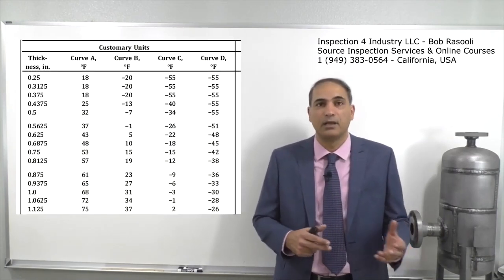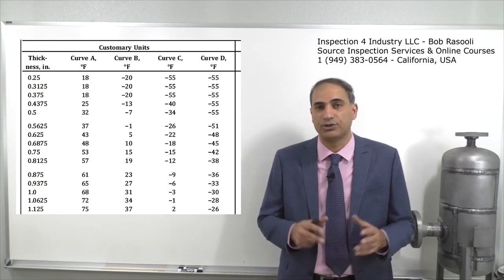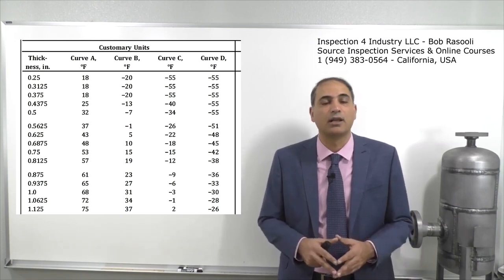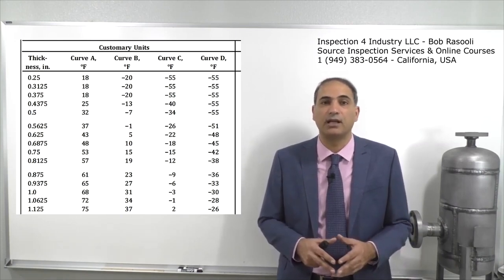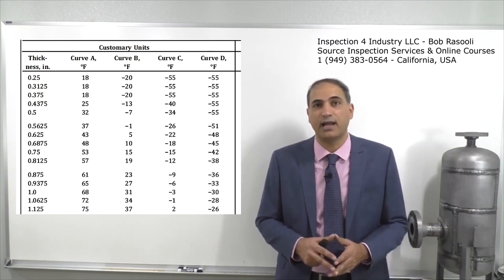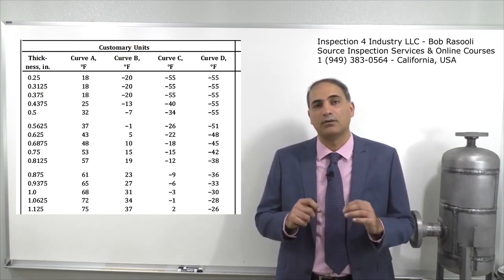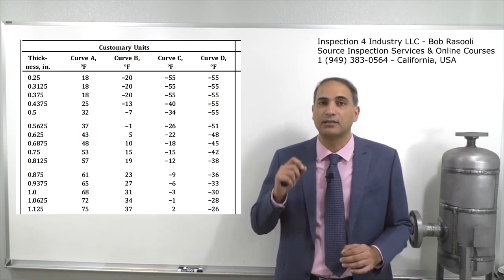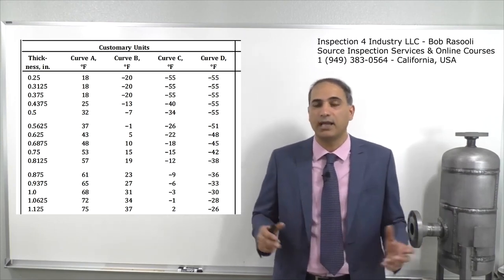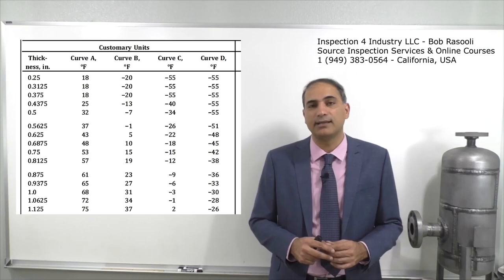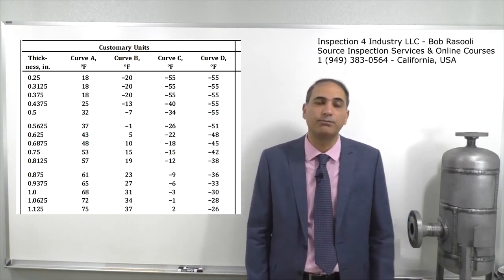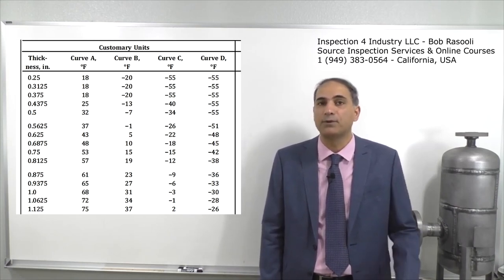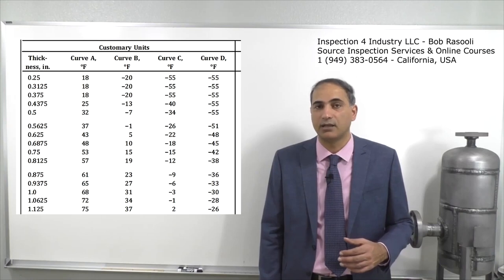There are 4 columns in the table: curve A, curve B, curve C, and curve D, and on the left-hand side there is a thickness value. So for any material assigned to curve D, you can find the minimum design metal temperature that you can use that material at without any impact testing. Like the one on the screen, for a thickness of 1.125 inch, you can use this material without any impact testing down to minus 26 degrees Fahrenheit based on the chart.